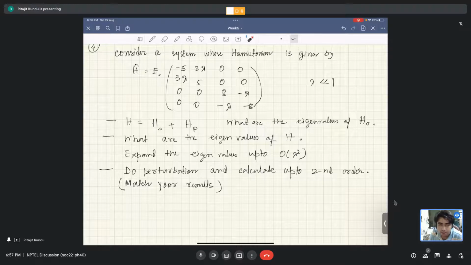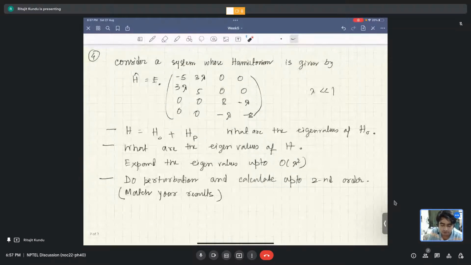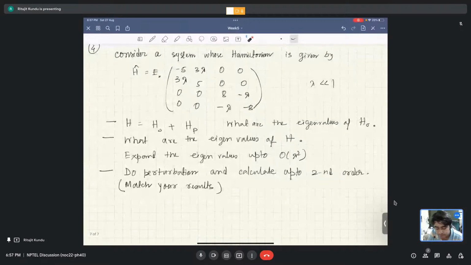Here, because these are block diagonal forms, so these are basically 2x2 matrices, we can find the eigenvalues exactly, and we will also calculate the perturbative corrections and try to match those up, and see how much they agree or not.